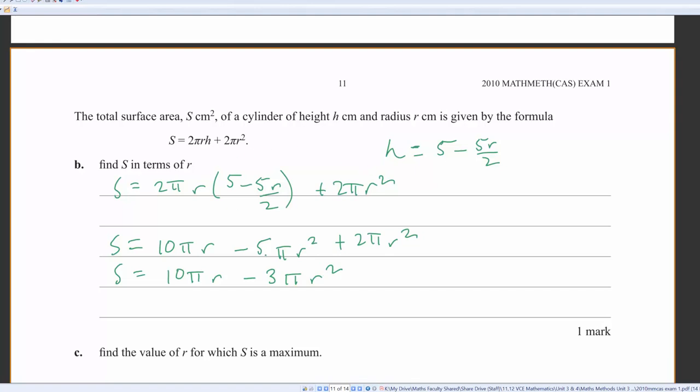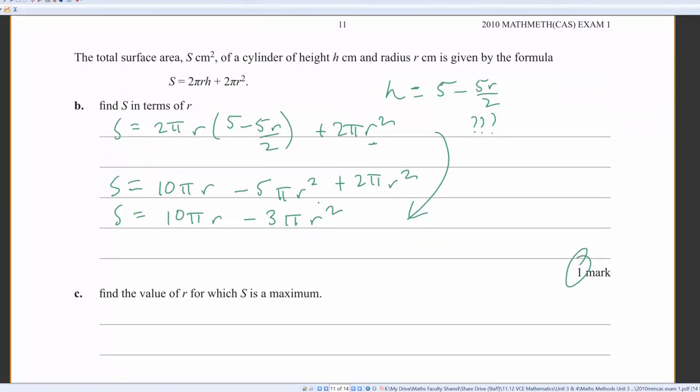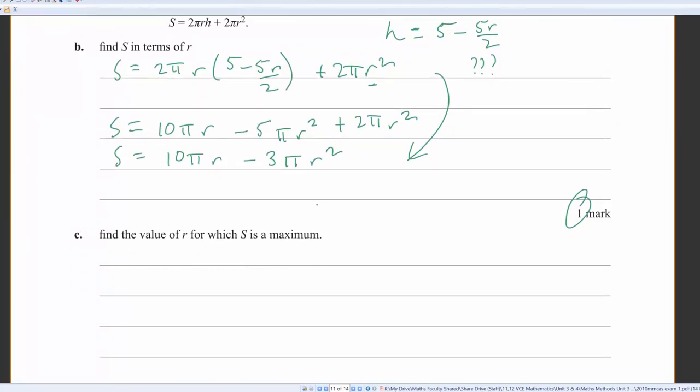Right, so look, if you didn't do this here, I still think that you get the mark if you leave this line like this. I'm not 100% sure about that. I would make this move, but I think you'll get the mark at this point here, okay, with 1 mark and S in terms of r successfully done. But you would have had to do that anyway, because this question here says find the value of r for which S is a maximum, okay?